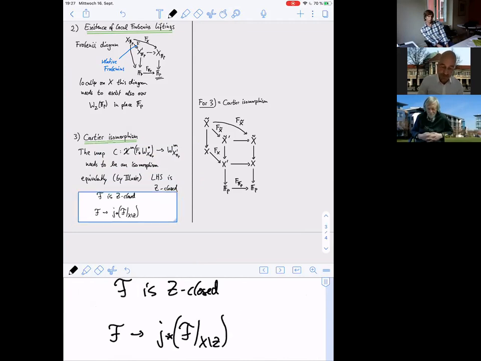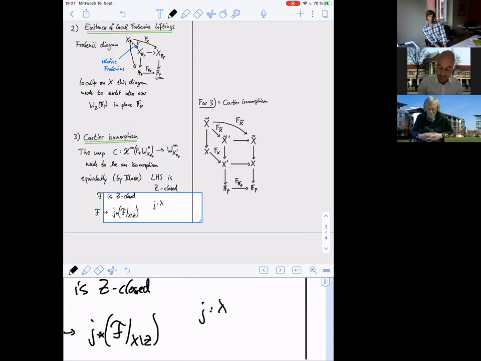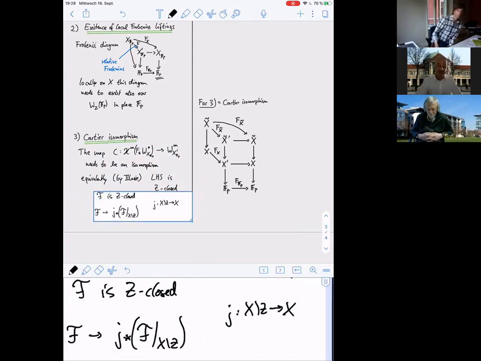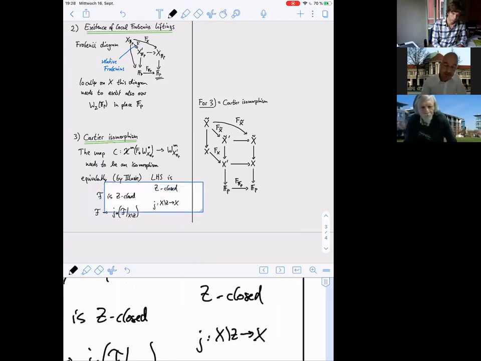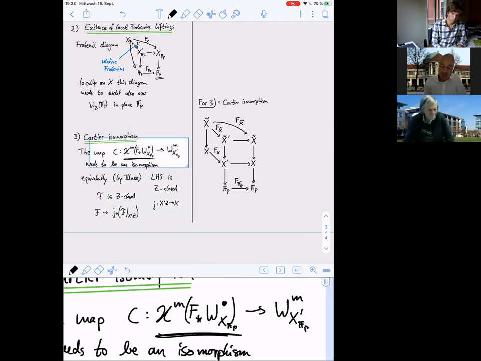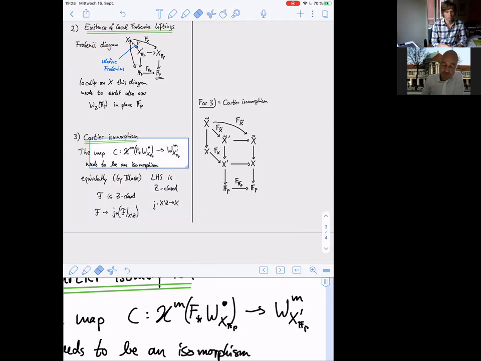So j is the inclusion of X minus Z into X. You call the sheaf Z-closed if this natural map is an isomorphism, meaning that there doesn't really happen anything along Z. So we need to show this for the left-hand side, which is the cohomology of this pushforward de Rham complex by the Frobenius map. Sounds rather complicated.